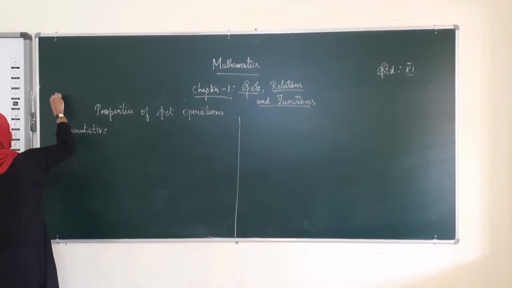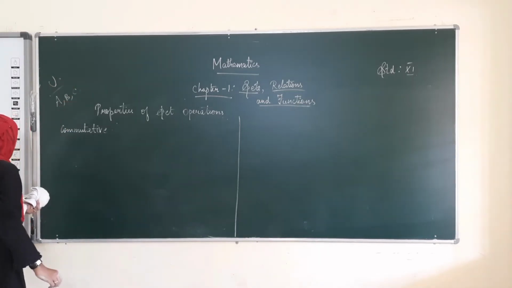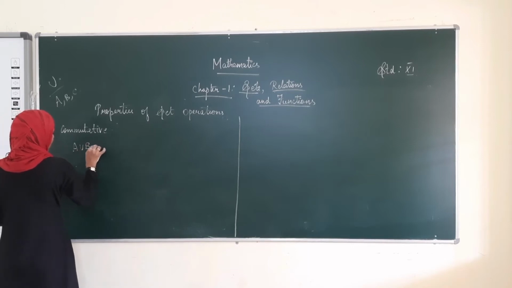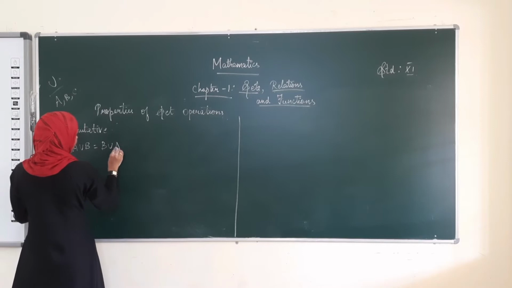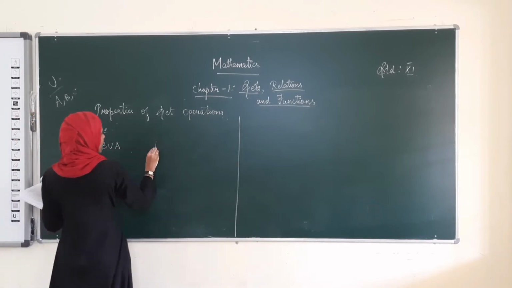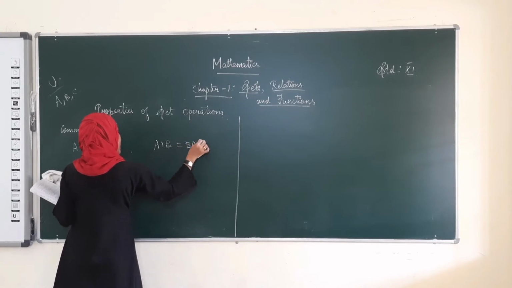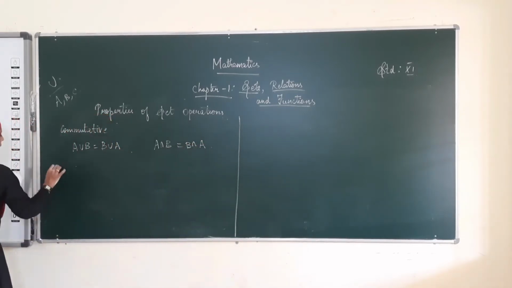Let us take three sets A, B, C and let us take the universal set as U. Commutative property means A union B is equal to B union A, and for intersection, A intersection B will be equal to B intersection A. This is called the commutative property.